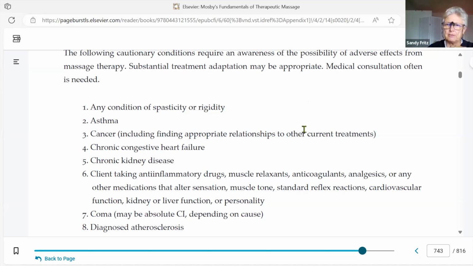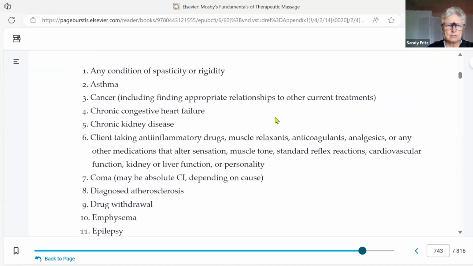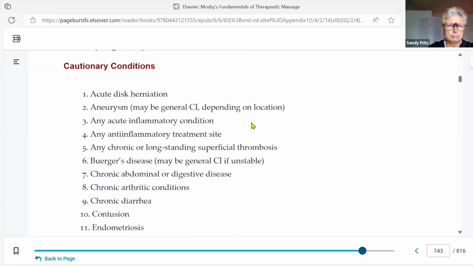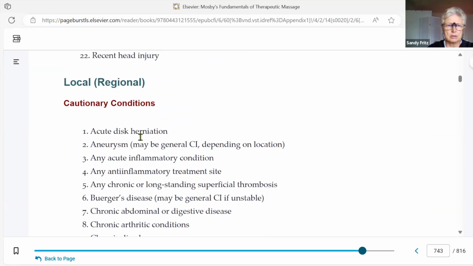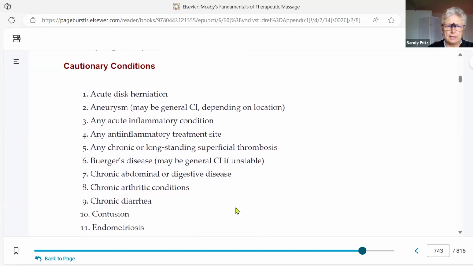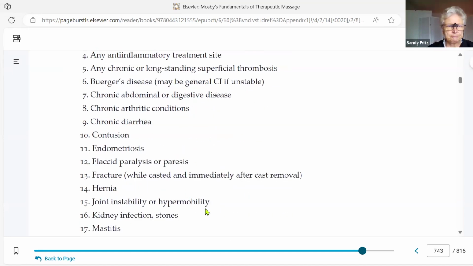The chemotherapy, for example, as well as radiation, damages the adjacent associated nerves. Local cautionary conditions would be where you would avoid the area. Chronic diarrhea is here because it would have to do with what type of massage you performed or if you avoided the abdominal area.